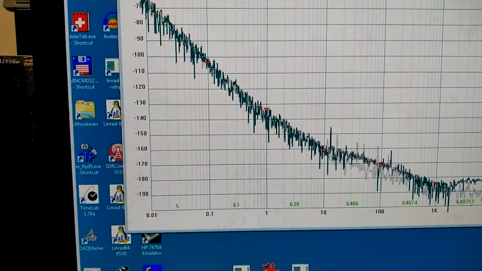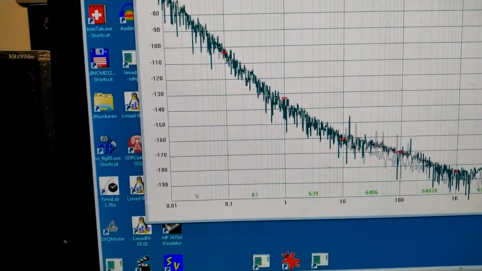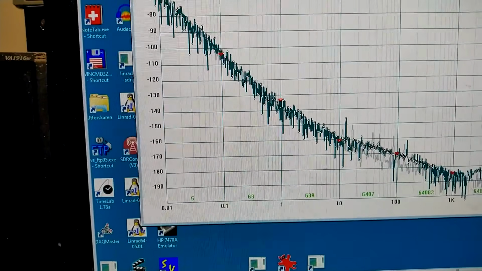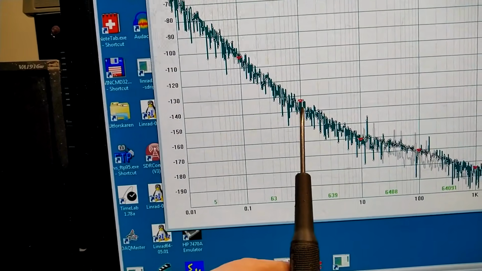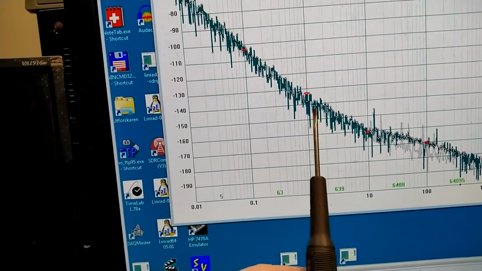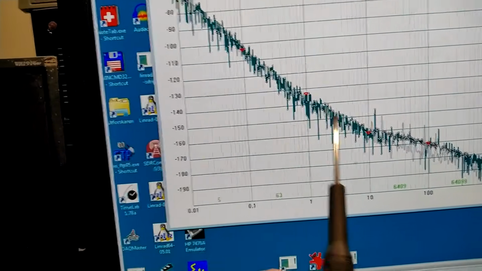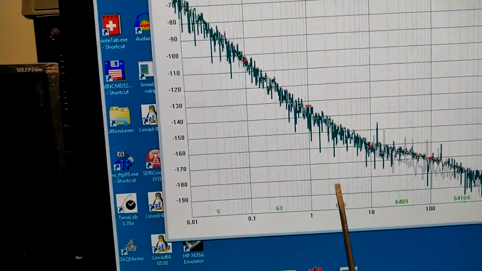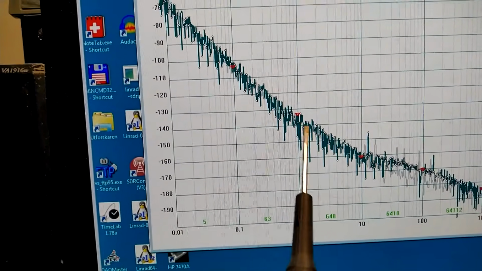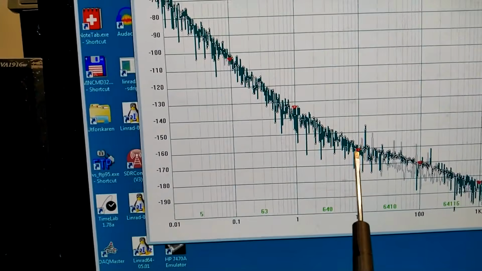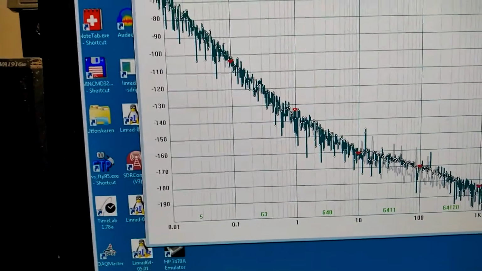With a source impedance of 50 ohms, the phase noise is much lower. It is below minus 137 or something. And note the circles everywhere. So it's below what I can see with this test system. And the slope is steep, so it's even better here at 10 Hz.